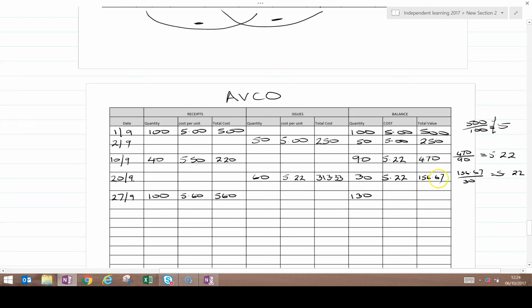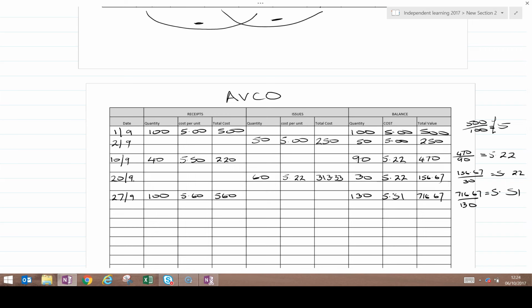Then add our values, 156.67 plus another 560 gives us 716.67. So our average cost, 716.67 divided by 130 gives us 5.51. So we put 5.51 in there. And that's it.